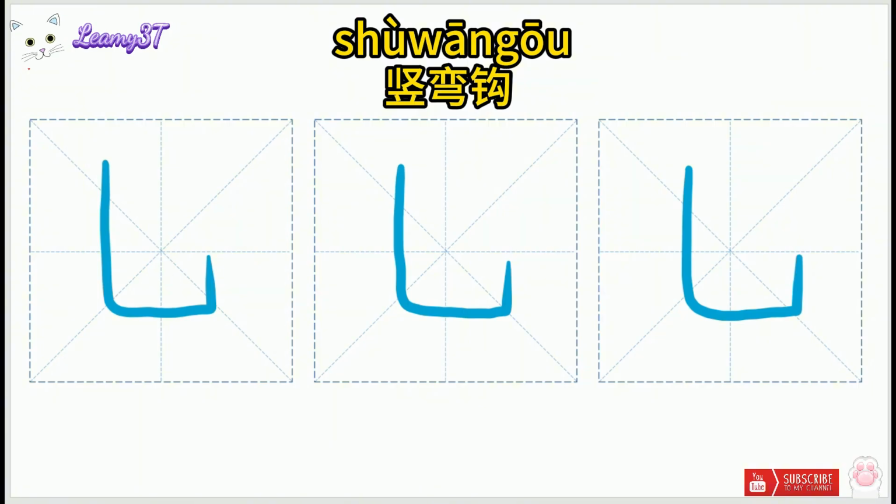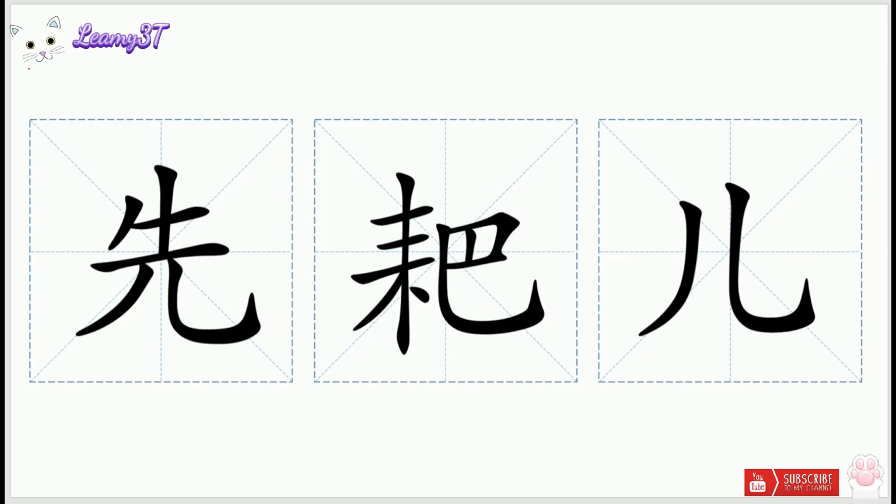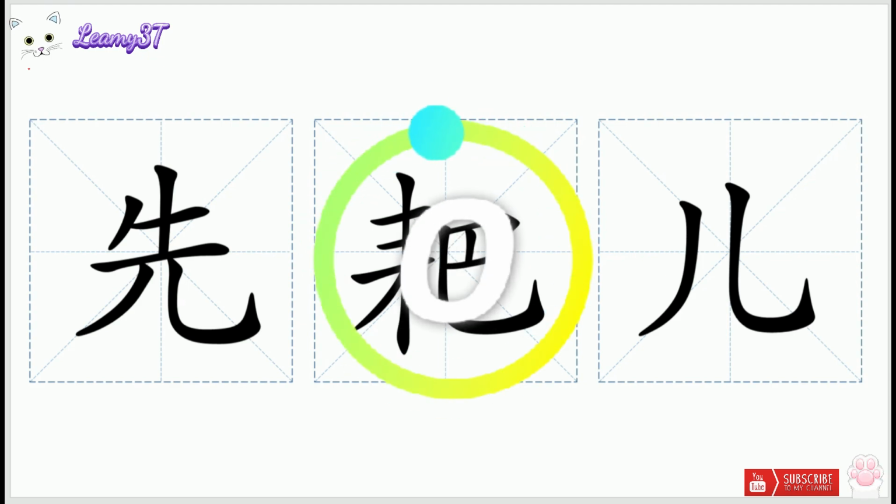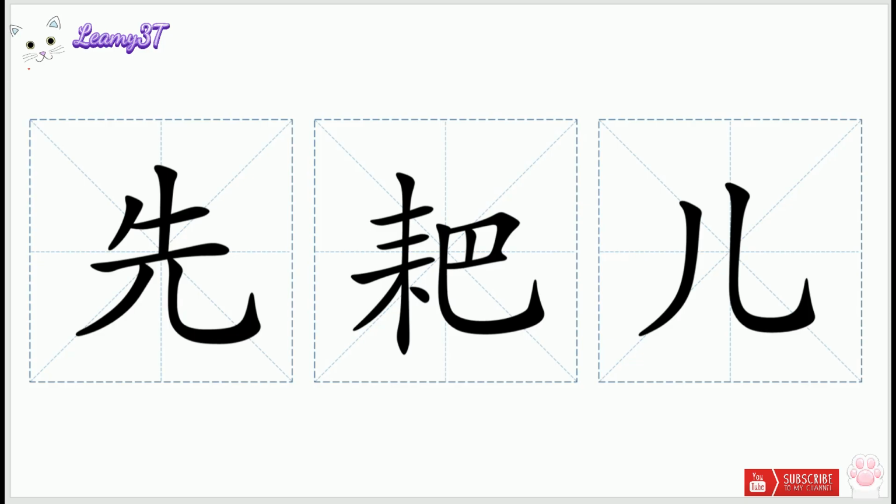Now, please take 10 seconds to find all the shùwāngōu. Have you found everyone? Let's check. shùwāngōu, shùwāngōu, shùwāngōu, shùwāngōu.